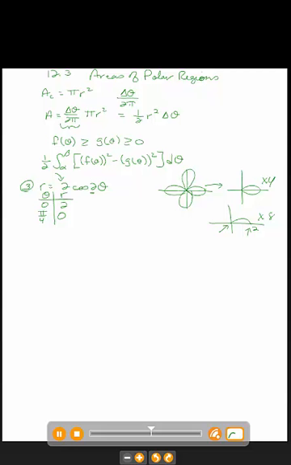So that puts me at the pole. So it appears that this dot right here is happening when theta is pi over 4, and that one is happening when theta is 0. And you can go to your calculator and keep changing the window, double check it, go into your window zoom and change your theta to go from 0 to pi over 4 and see if you just get that half a petal.